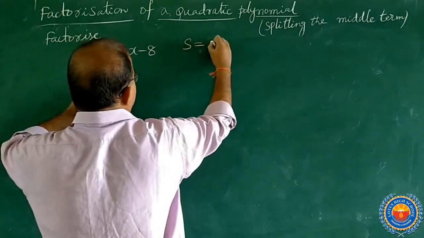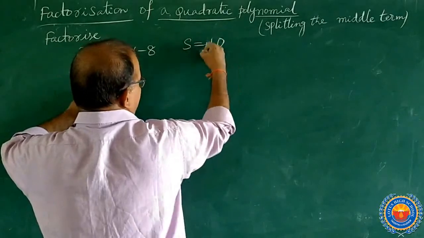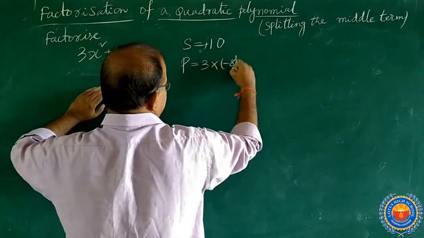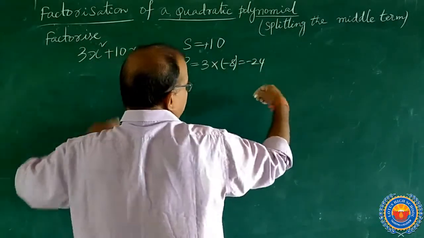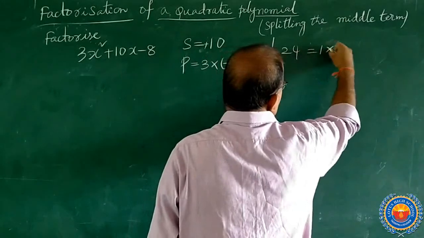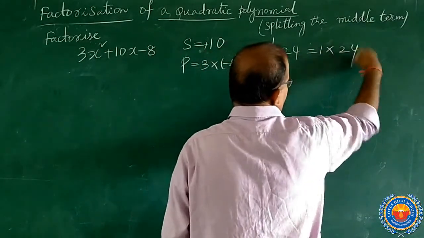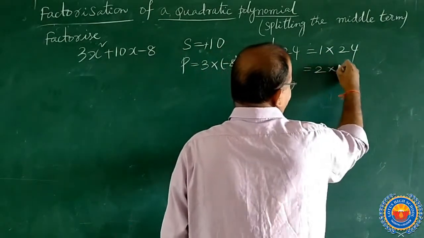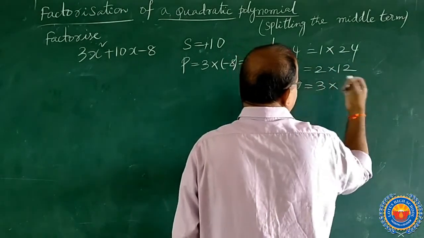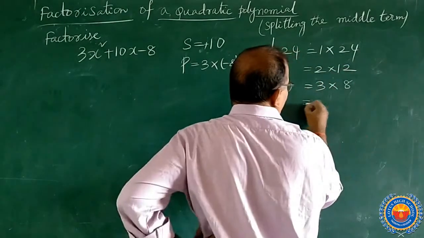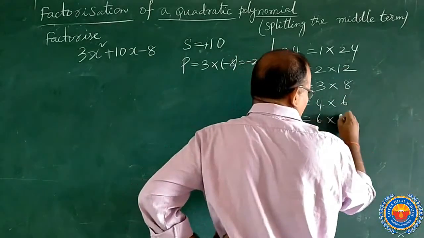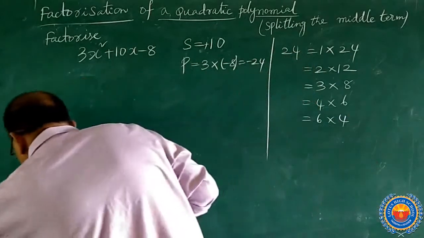Sum is equal to 10. Product is equal to 3 into minus 8 is equal to minus 24. Now 24: 1 into 24, 2 into 12, 3 will be divisible, 3 8s, 4 6s, 5 will not be divisible, 6 4s are 24.